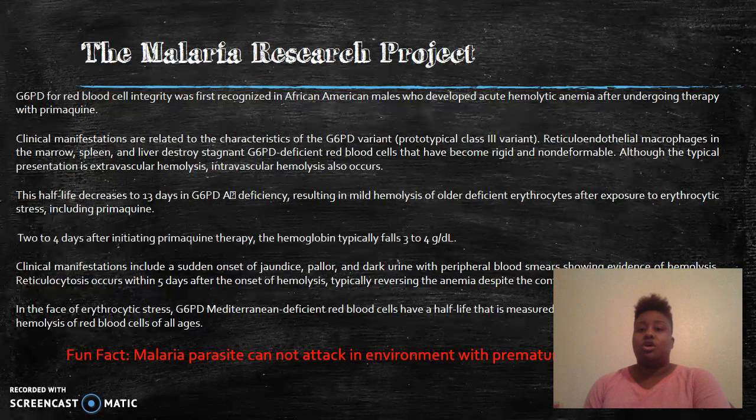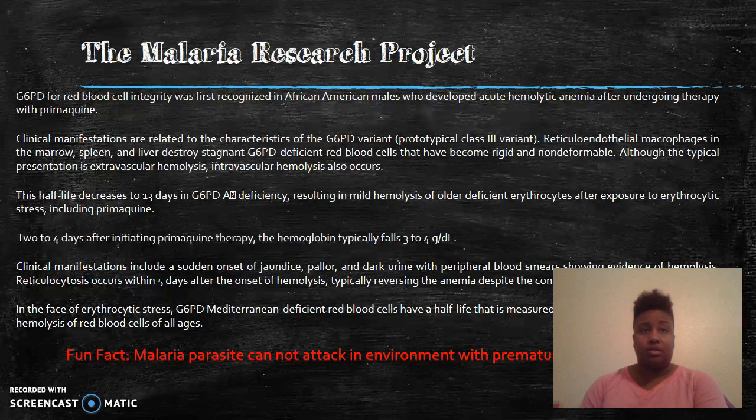It showed that they were getting very sick, and so they decided to do a study, and they found that those red blood cells, which normally have a 62-day life cycle, had a 13-day life cycle in G6PD deficient African American males. It was causing hemolysis, and they were getting tired faster, after they were exposed to the malaria drug.